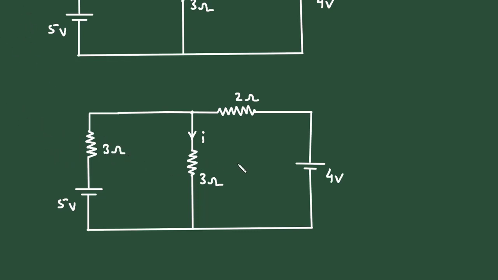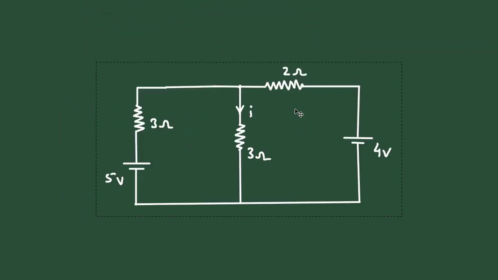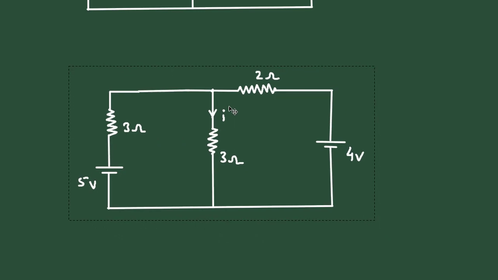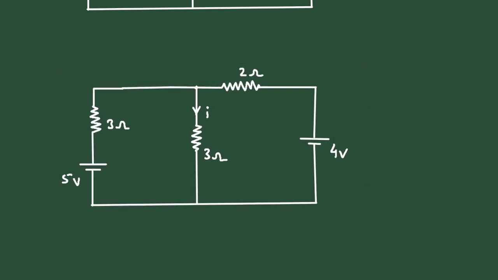Now here we can see, we can convert this voltage source into its equivalent current source. Also we can convert this other voltage source into its equivalent current source. When we convert a voltage source, the resistor will be in parallel. It will be like this.